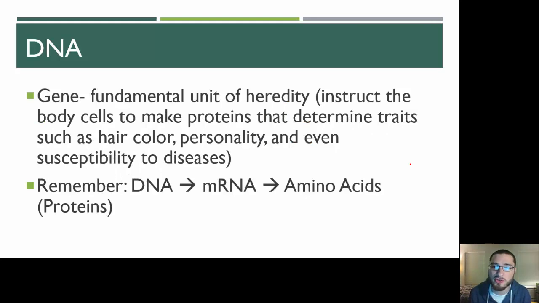So genes are the fundamental unit of heredity. They're going to instruct the body cells to make proteins that determine traits such as hair color, personality, even susceptibility to diseases.